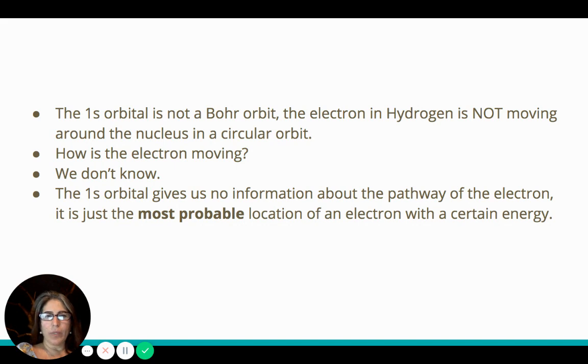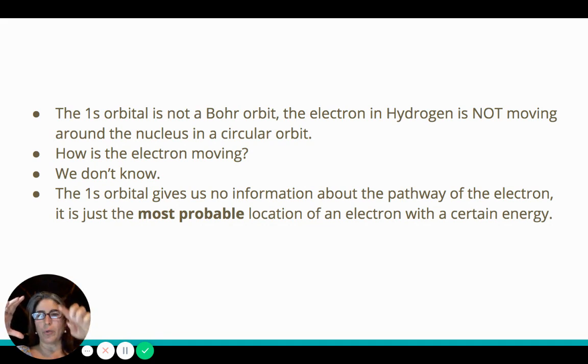So now, with this new knowledge, scientists realize that the 1s orbital is not a Bohr orbit. It doesn't go in circles around the nucleus. It's more like an area, right? But this theory of the orbital doesn't give us information about the path the electron is taking.